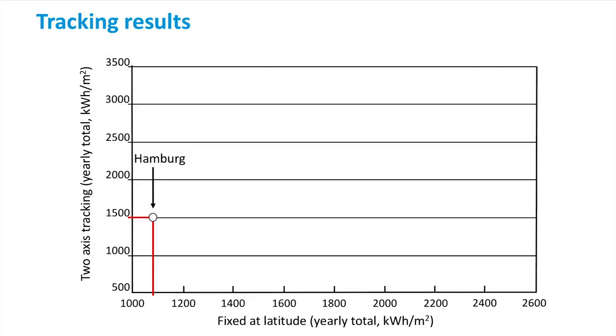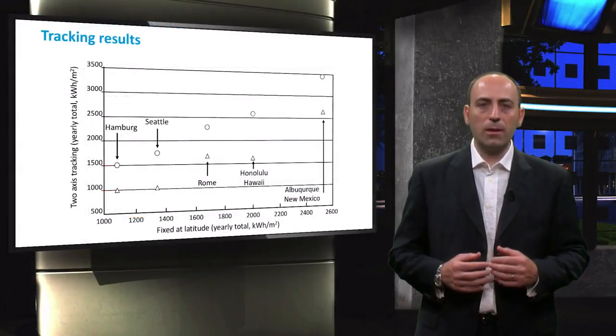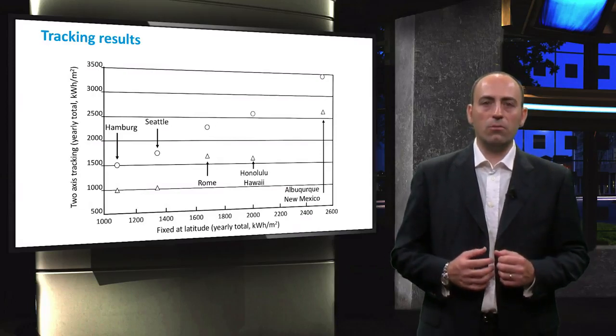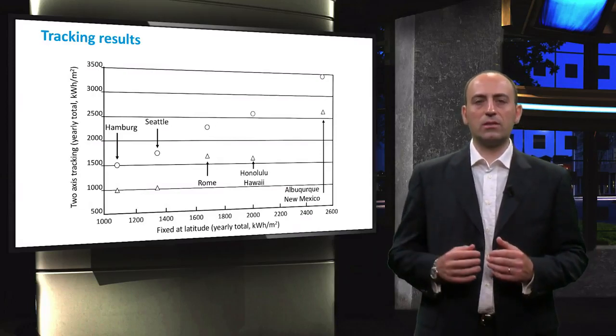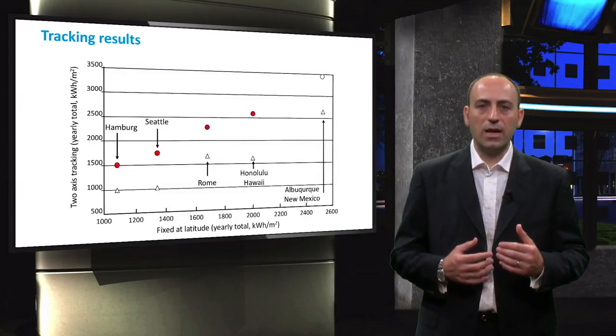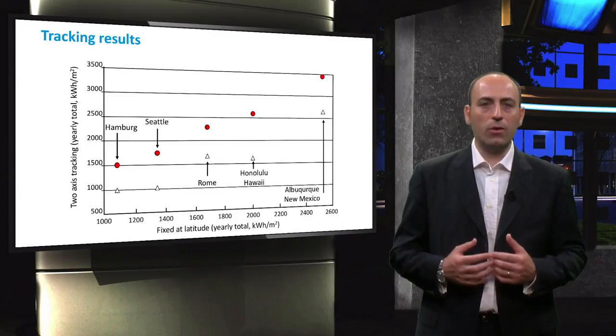The dual-axis tracking follows the sun to enhance the direct beam irradiance. So, if we plot the value of the direct component, which is the triangle in this case, we can see that 1000 out of 1500 kilowatt-hours per square meter are due to direct beam irradiance. The same comparison can be made for many other cities. As you can see, the energy incident on the module increases as the location gets closer to the equator, starting from Hamburg and going south towards Seattle, Rome, Hawaii, and Albuquerque.